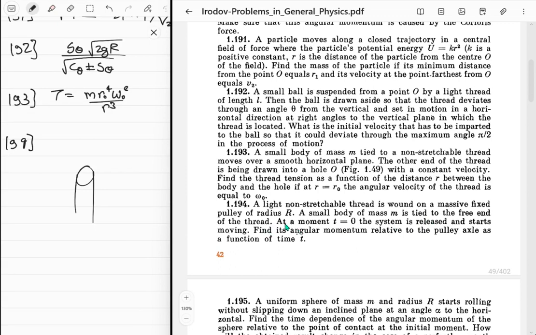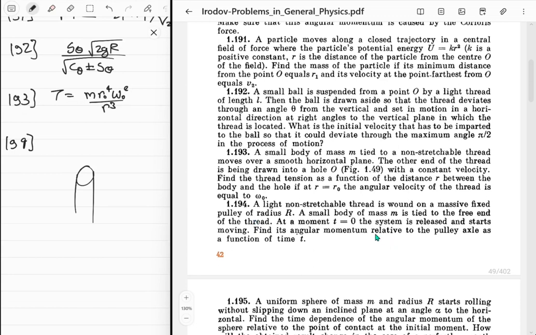At moment equal to 0, the system is released and starts moving. It's under gravity, of course, and the only possible conclusion is that it's in a vertical plane, because otherwise why would it move? But come on, really? Why did you not just say it's a vertical plane?